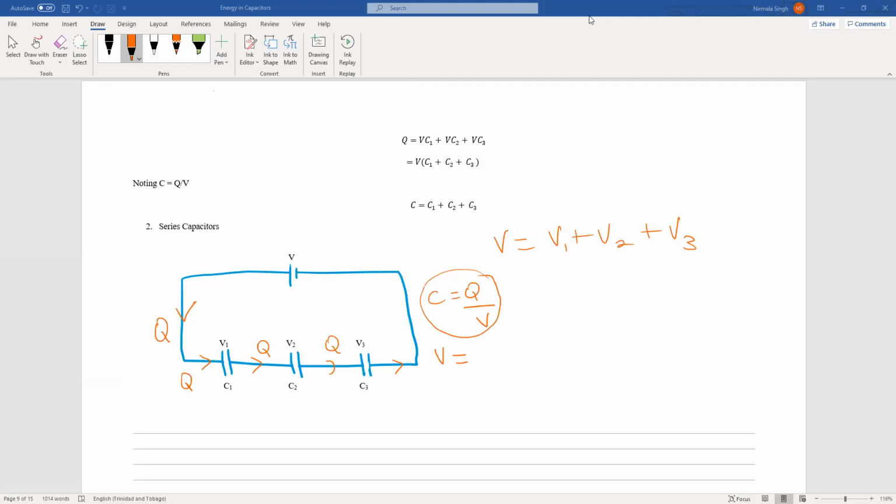Anyone? If C is equal to Q over V, what is V?